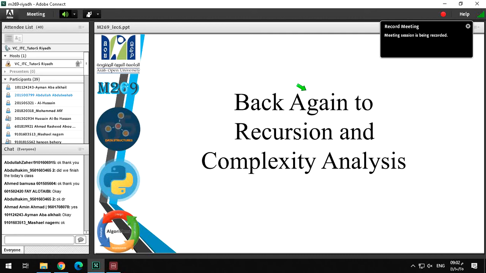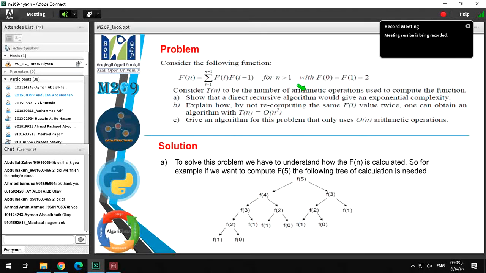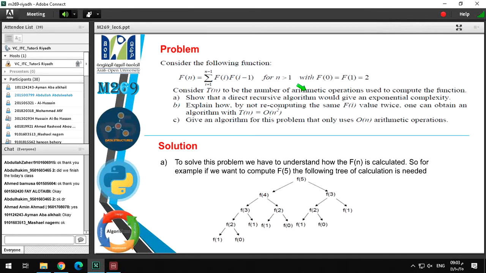Now let's go back to the recursion and the complexity analysis of the recursive function. This is similar to what we started in the previous two meetings, where we analyze the complexity of a given function which works in a recursive way.